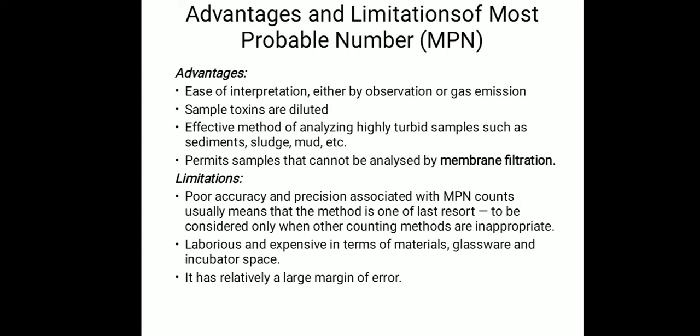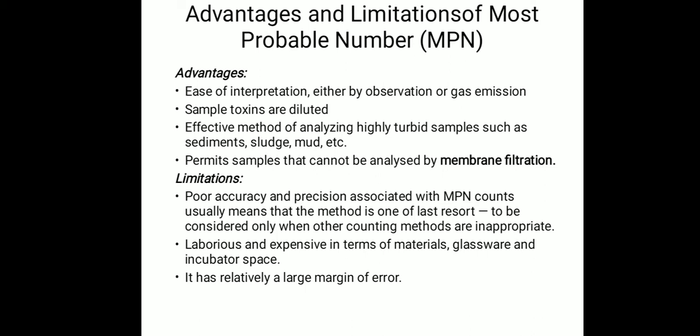Another advantage is that sample toxins are diluted. Then it is an effective method of analyzing highly turbid samples such as sediment, sludge, mud, etc. Another advantage is that it permits analysis of samples that cannot be analyzed by membrane filtration. So these are the advantages for MPN.